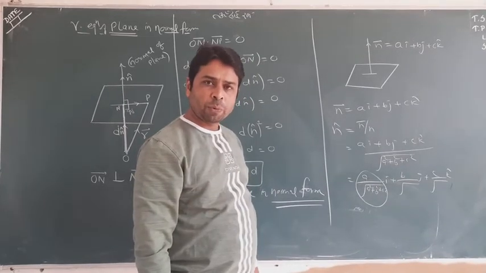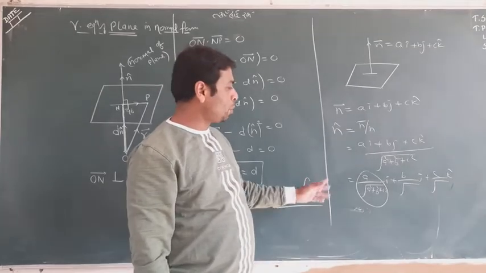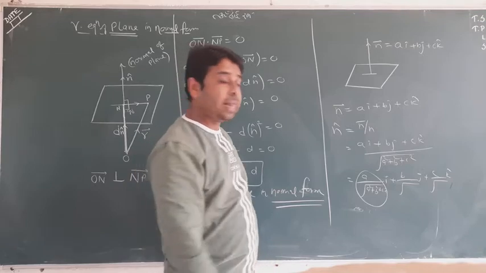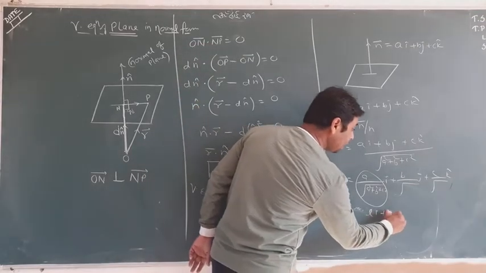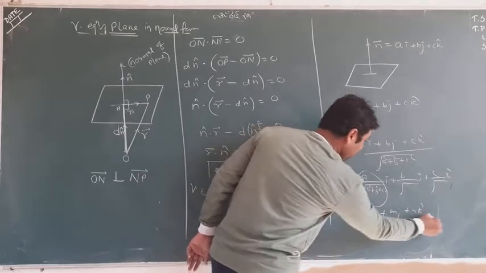Now separate it: A upon the root of A square plus B square plus C square is i cap, B upon the same is j cap, and C upon the same is k cap. You remember that when the ratios are A, B, C, then A upon the root of A square plus B square plus C square is the direction cosine. So this is l i, then m j, and then n k in n cap.